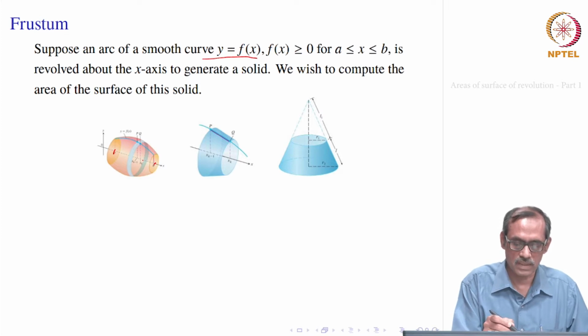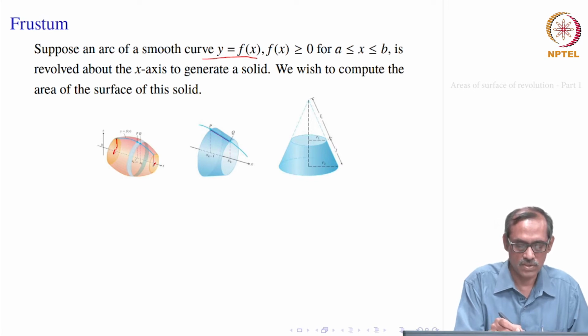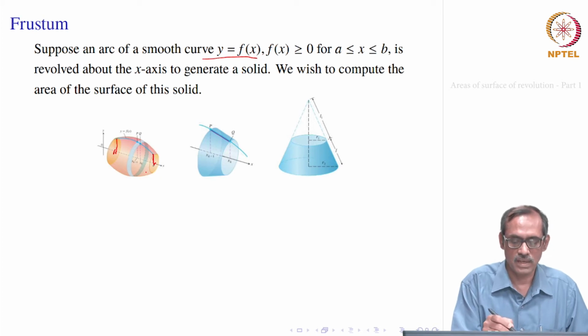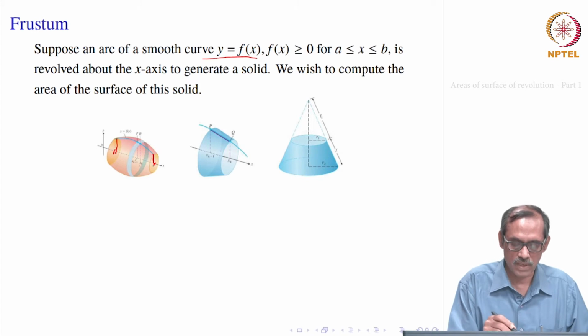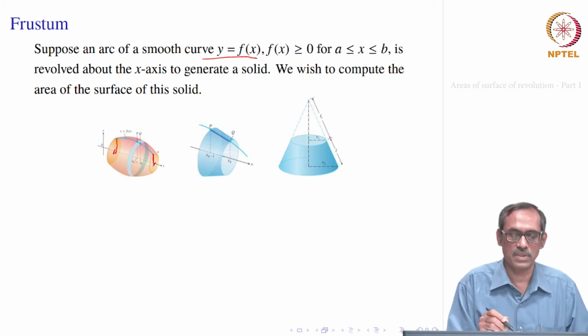So, you get a solid, it is not really a full solid, it is a hollow one. Anyway, even if you take this region and revolve it around the x axis, you would get the solid, but we are interested only in the surface. So, we just take that the curve is revolved around the x axis. This hollow solid has a surface, and we want to compute the area of this surface.